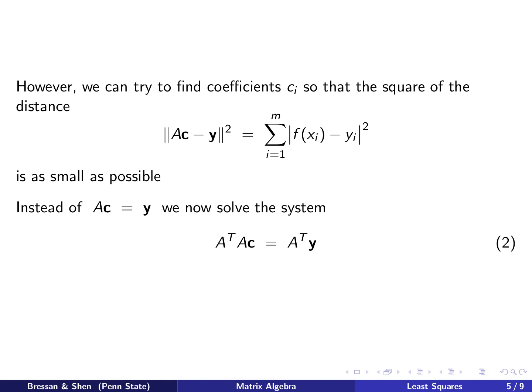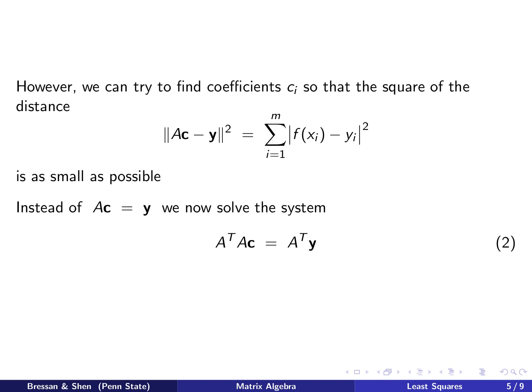This is a vector, so each element of the vector, the ith one, takes this form, and that's squared, and we sum over all of them. So we want to find the coefficients ci's such that this distance is minimized, as small as possible.